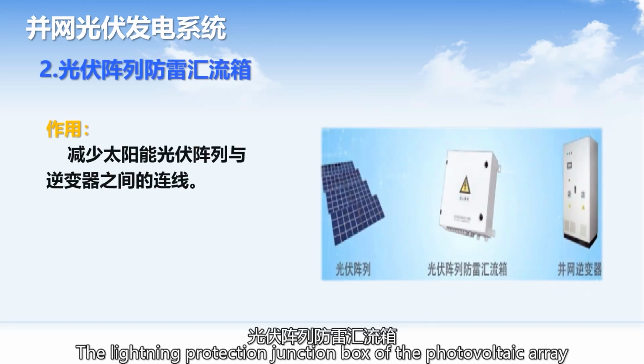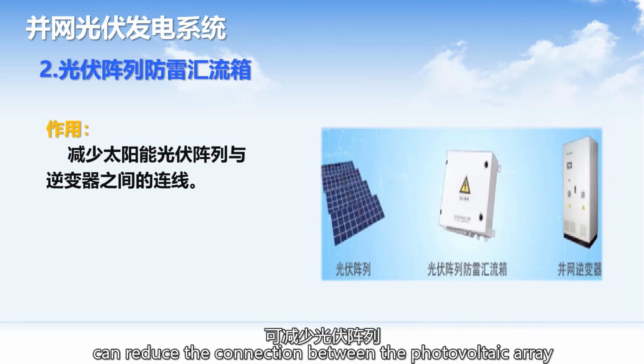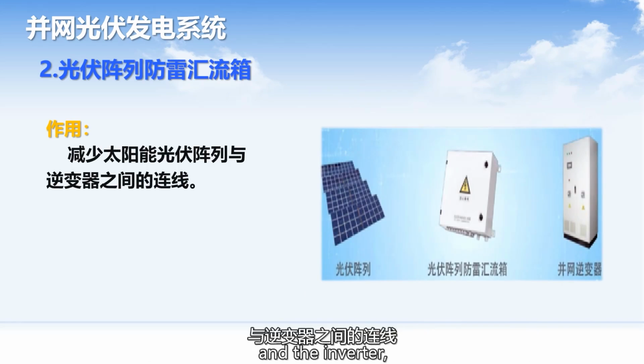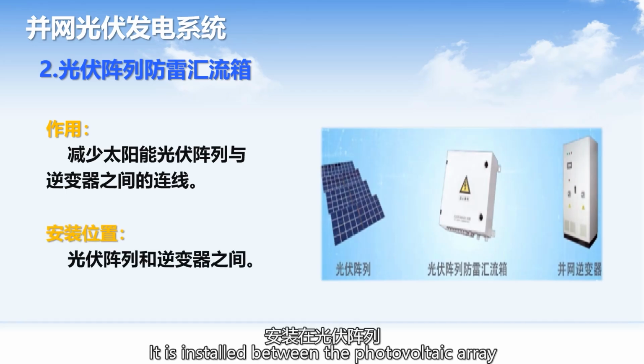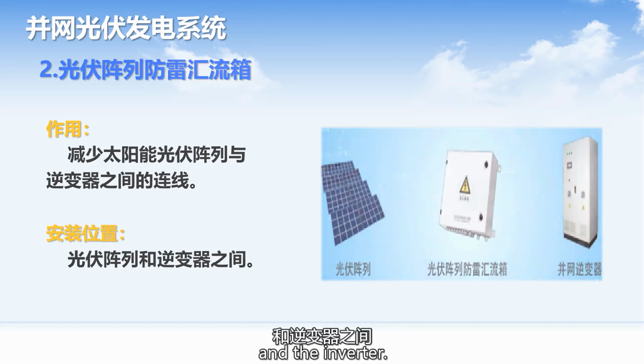The lightning protection junction box of the photovoltaic array can reduce the connection between the photovoltaic array and the inverter, making it easy for maintenance. It is installed between the photovoltaic array and the inverter.